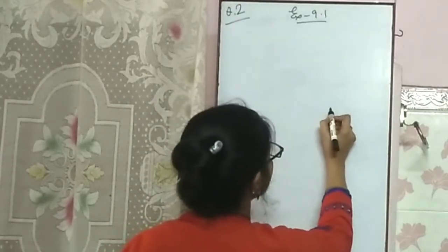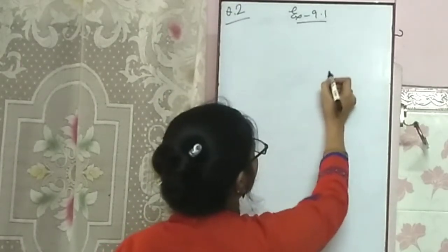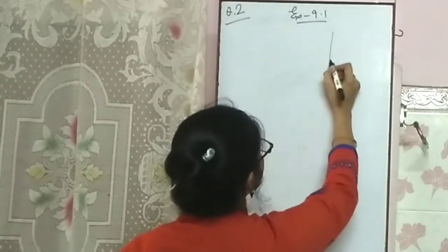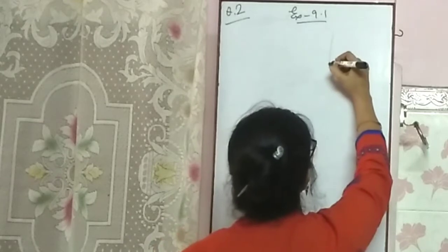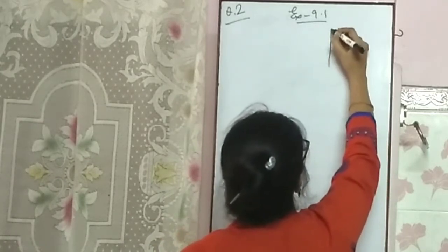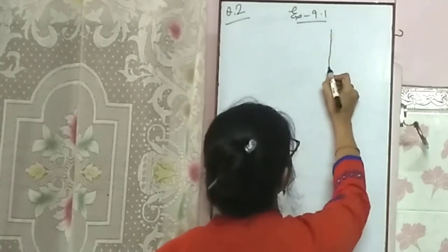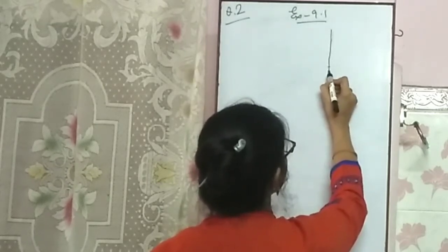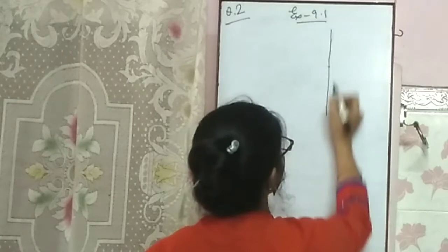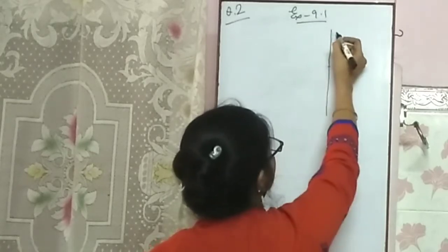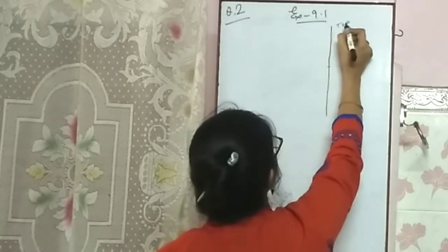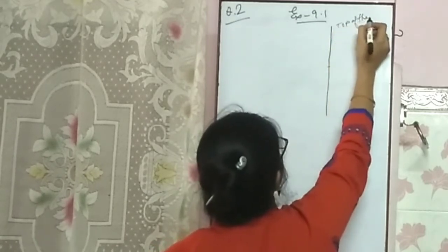Say here is a tree. This is the top of the tree and it is broken at this position. This whole measurement is the tree. This part is the top of the tree.